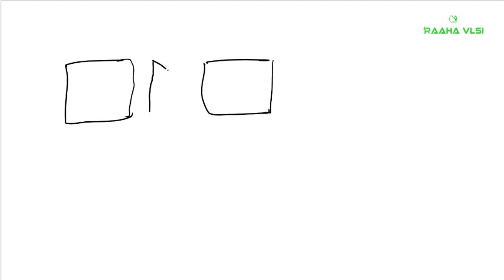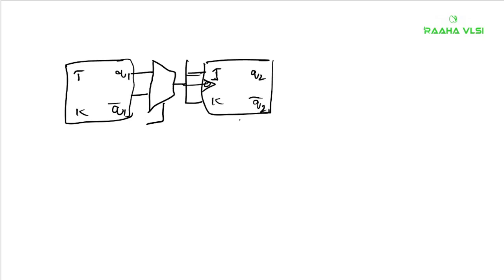Here I will take one multiplexer. This is my J, this is my K. Q2 high.